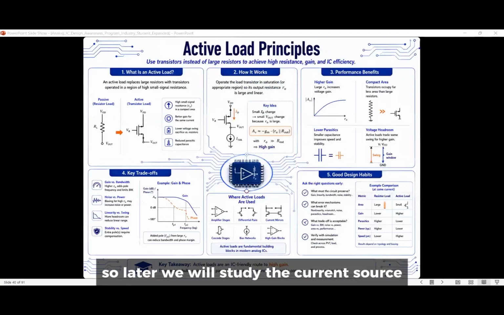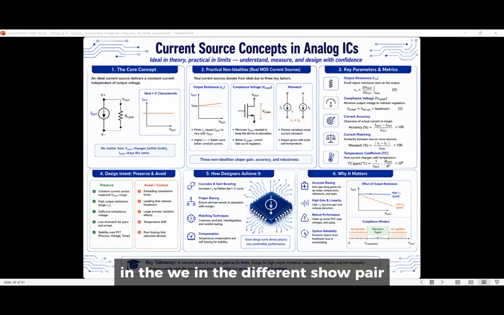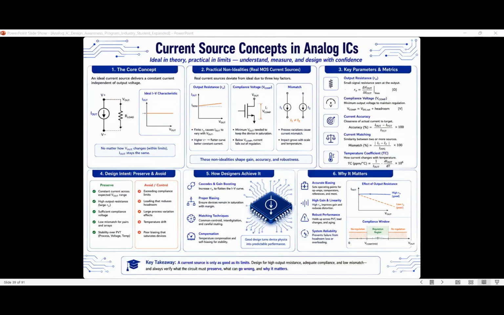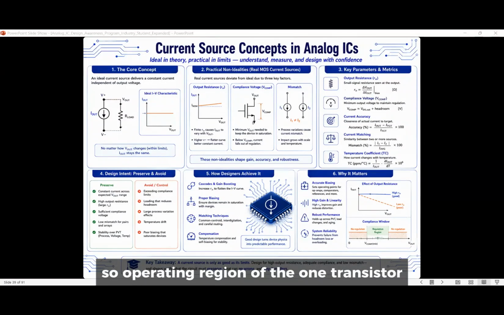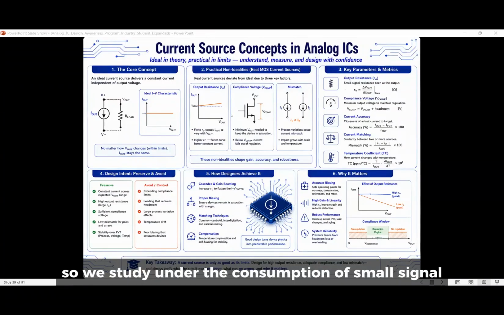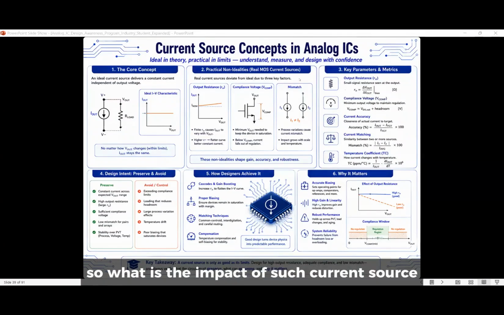So later we will study the current source concept in the differential pair. The current source defines the operating region of the transistor. We will study this under the assumption of small signal or large signal. What is the impact of such a current source?